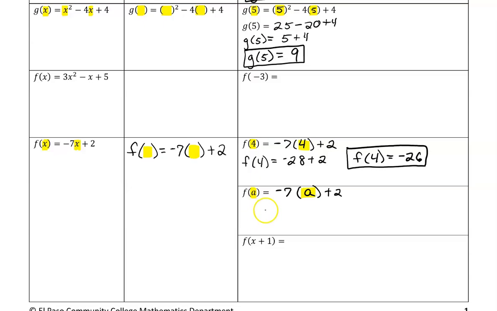So in reality, can I multiply negative 7 times a? Well, I don't really know what a is. So I really can't do much with this other than saying f of a is simply equal to negative 7 times a plus 2. And that can be a little bit tricky to think about. You know, we're not always going to get a number.